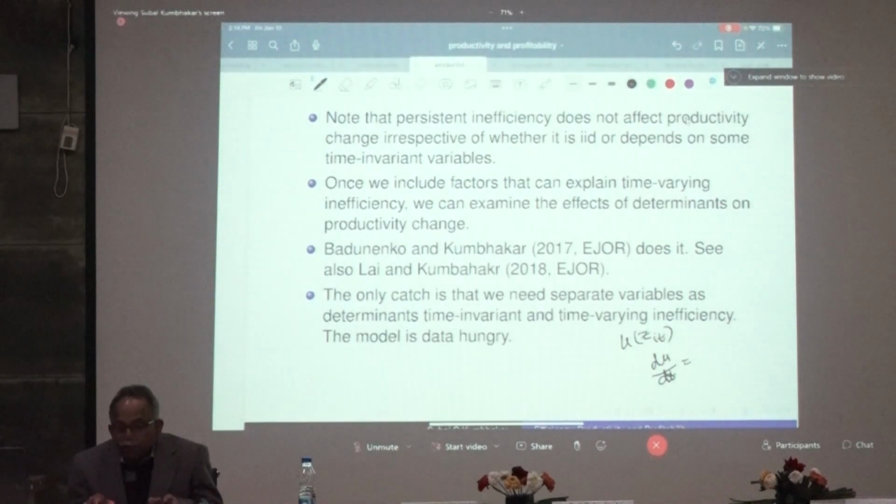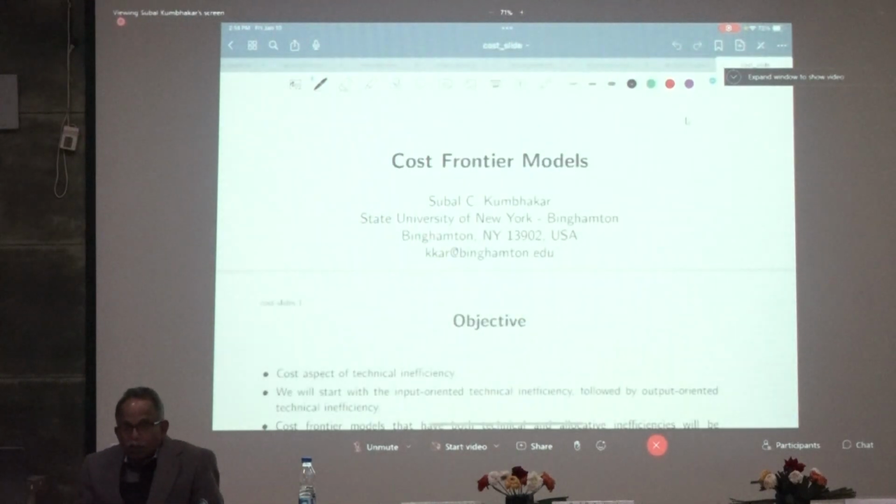Okay. I might, again, depending on the situation, show some of the codes using SFA. Okay, so since we talk about both input and output oriented model, and the focus so far was mostly on output oriented model.